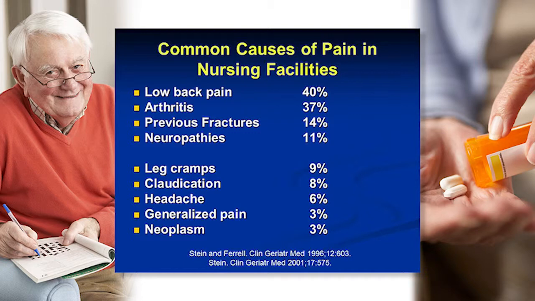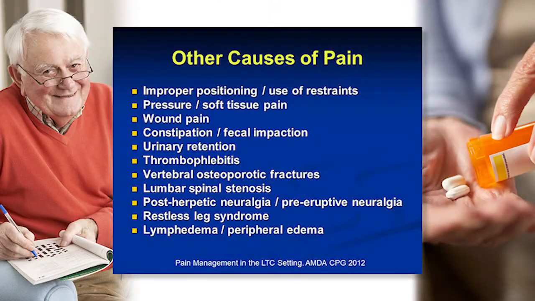Individuals might also have some different causes of pain that we may not think of that directly relate to some of the care activities and the assessments that we may want to do in taking care of other diseases. Pain may result from just improper positioning or from potentially the use of restraints if those are still being used in your facility.